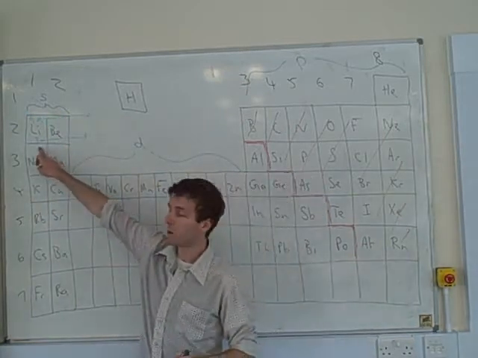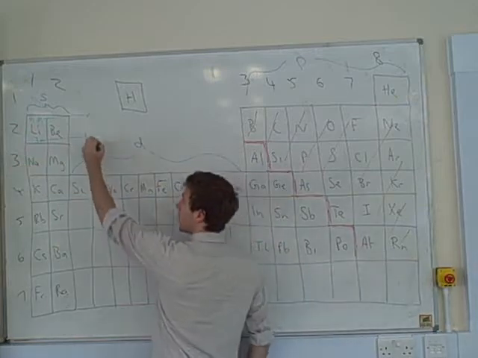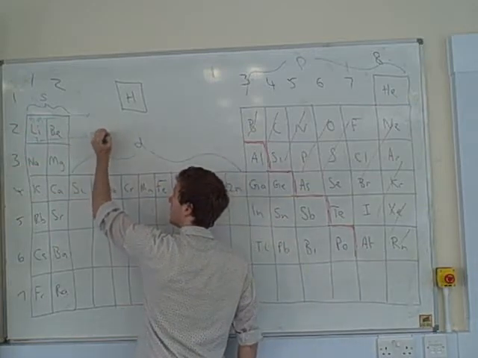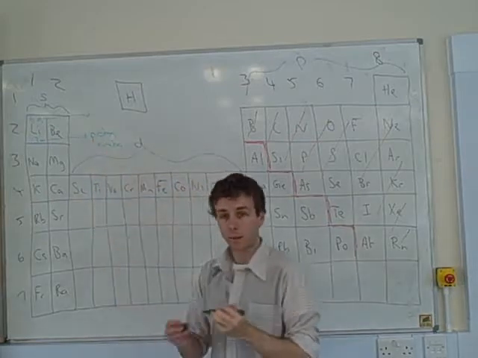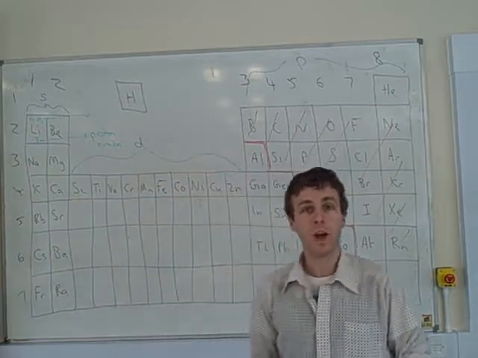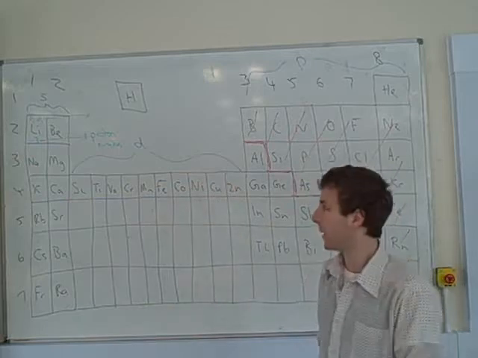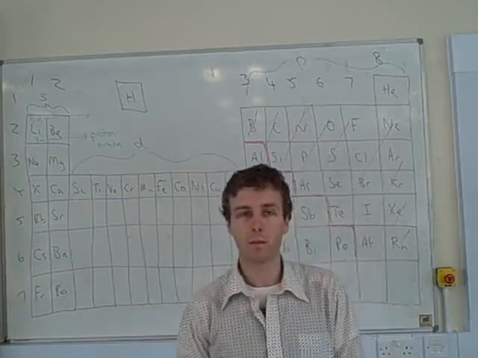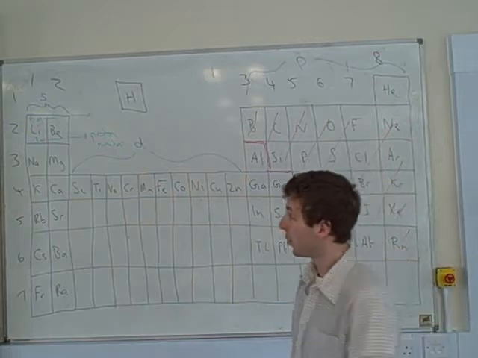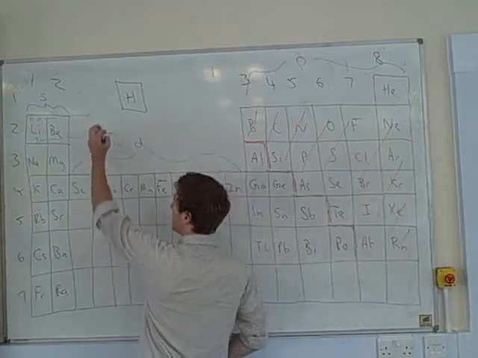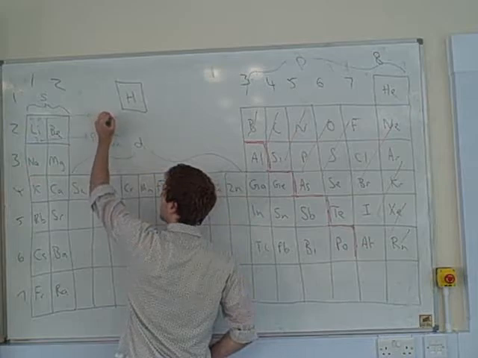So this bottom number here, the smaller number, we call this the proton number. And that tells us how many protons are in the nucleus of that element. So every single lithium atom has 3 protons in its nucleus. We've also got this top number, this is called the mass number.